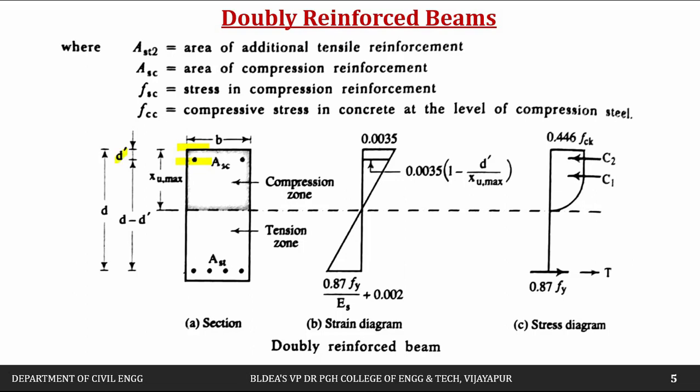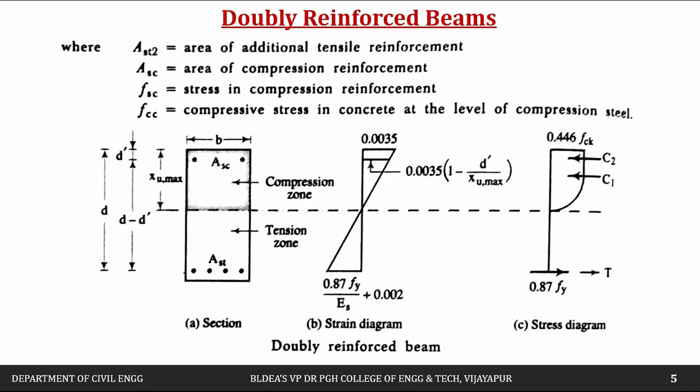If this is the total depth D, the remaining top depth is D dash. The distance from the center of this compression reinforcement to the center of the tensile reinforcement will be D minus D dash. This total is D minus D dash; if you subtract, the remaining will be the distance.